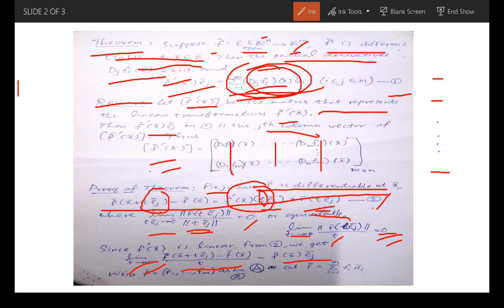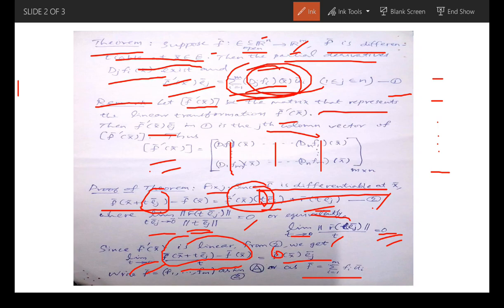Now write this f, this is a vector function. Write this f in terms of the components f1 etc. fm. That means write f as a linear combination of the components, as in the previous slide. And remember, here you have subtraction, not addition.